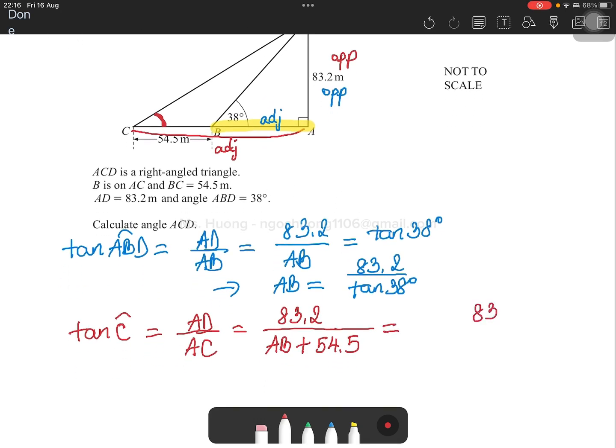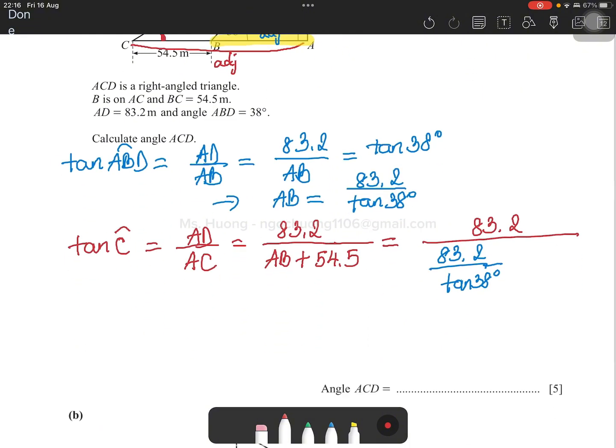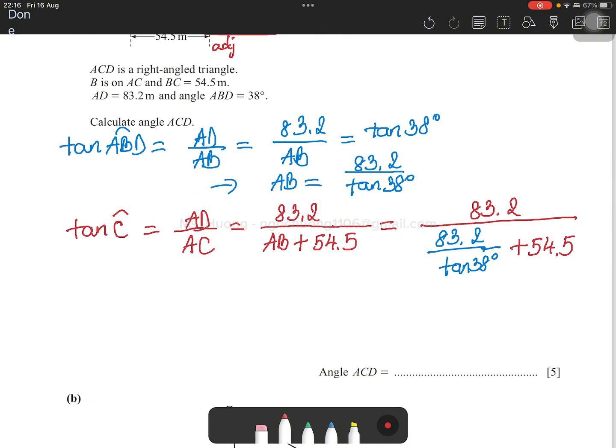So it's going to be 83.2 over AB, which is 83.2 over tan 38 degrees, and we add 54.5. So tan C will be this, and to find the angle C, we need to use the inverse of tan, the inverse of everything.